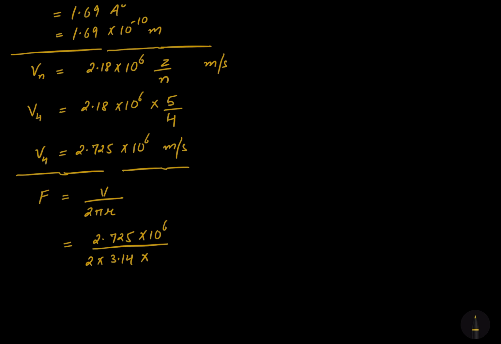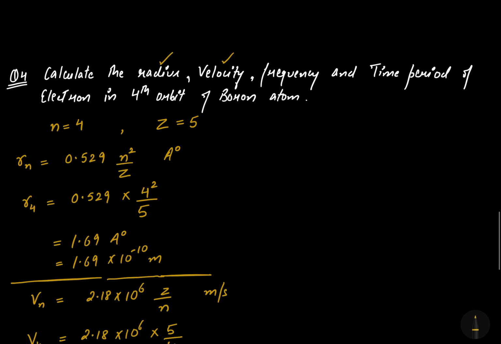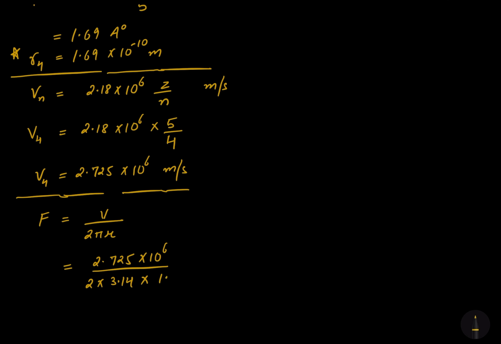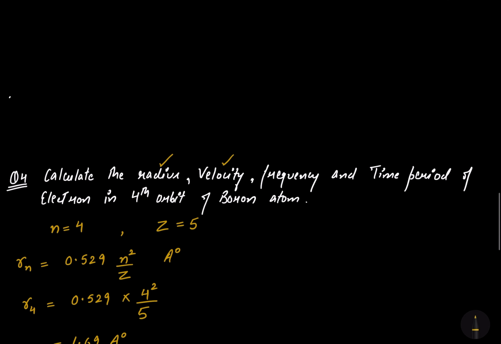Now let's substitute the value of radius that we evaluated in the first part, the radius of fourth orbit, 1.69 into 10 to the power minus 10 meter. From here you will get the frequency to be 2.56 into 10 raised to power 16 per second. So these are the number of revolutions made by electron per second around the nucleus. So that was the frequency we have evaluated.